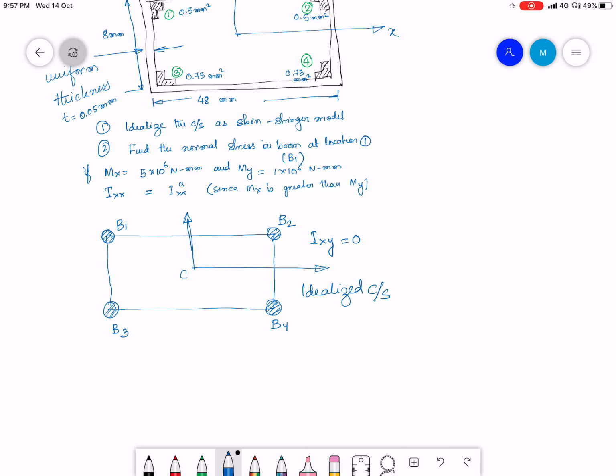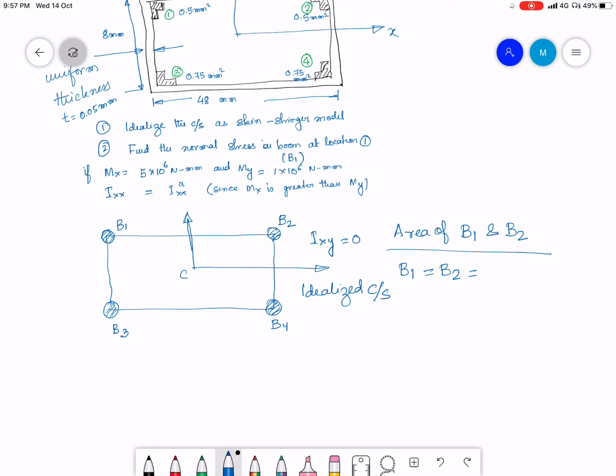Okay, so area of boom 1 and boom 2, how do I find out this area? So area of boom 1, let me call it B1, is going to be equal to boom 2, and that is going to be what?